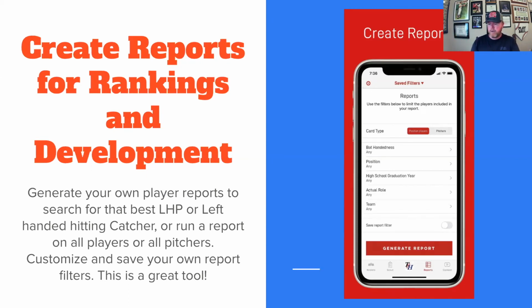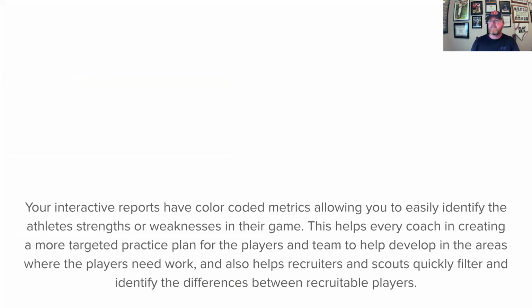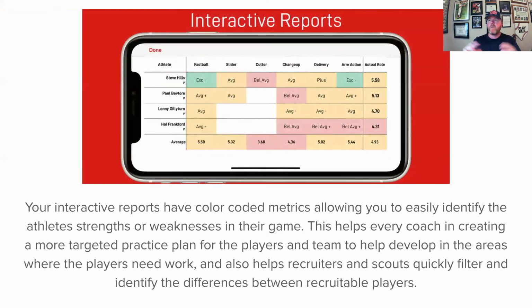You go ahead and hit generate report, and basically this interactive report. Actually, this is a picture report. It comes color coded, so the metrics are all color coded to where if it's an average grade, then you're seeing more of an orangish color. Obviously, the green is plus, and the red is below average metrics. So this gives you a really nice visual aid.